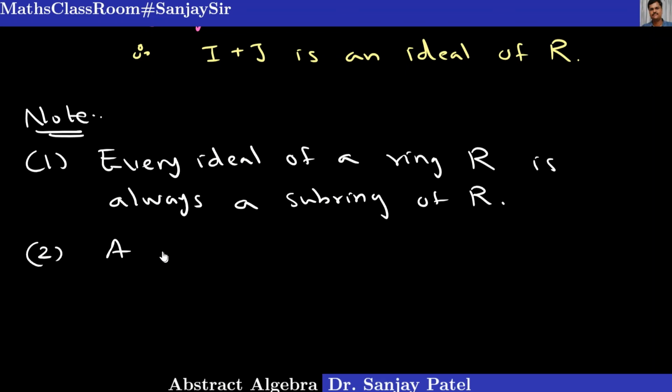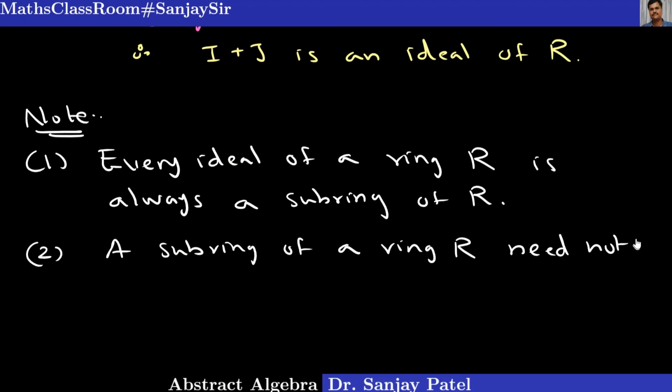A subring of a ring R need not be an ideal. So the converse of the result, or remark 1, is not true.